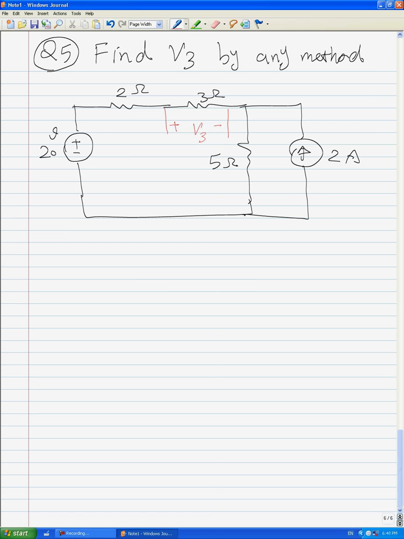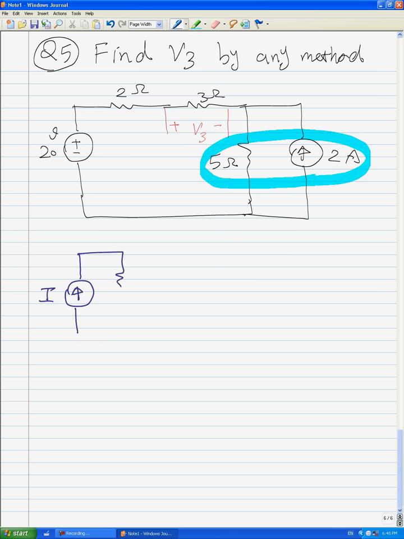Now I want to solve this question by changing this current source and this resistor to a voltage source. Let me explain how we can do this. If we have a current source like this and a resistor connected in parallel to it, we can change the current source to a voltage source like this.